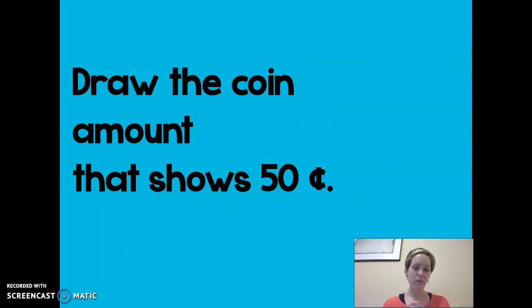So the last one that we are going to draw is going to show 50 cents. If you drew 50 pennies, it would be correct, but it would make me super duper sad because we know a much simpler way to do it. The number 50 has 5 tens. So what are we going to do? What is the easiest way to draw this coin amount?